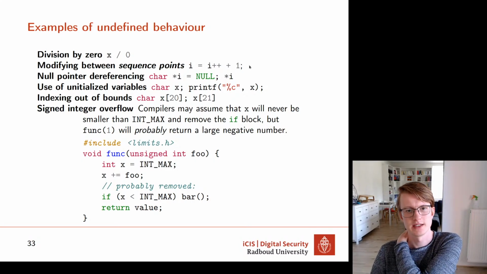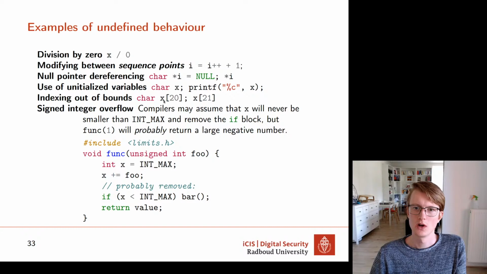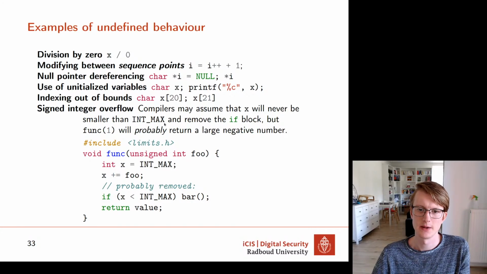And another fun one is signed integer overflow. Compilers may assume that this x, which is a signed integer, will always be smaller than int max. In this piece of code, we set x to integer maximum, and then we add something to it.